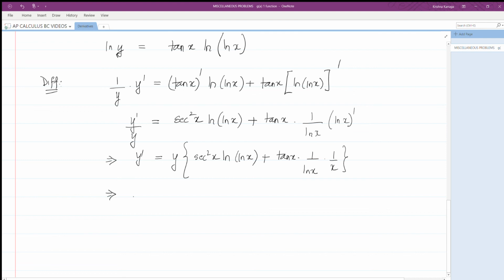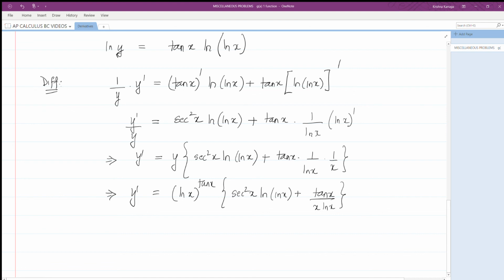So this tells us that y prime is equal to, now at this stage we can replace what y itself is, as it's a function of x. So it is ln x to the power tangent x multiplied by secant square x ln of ln x plus tan x divided by x ln x.